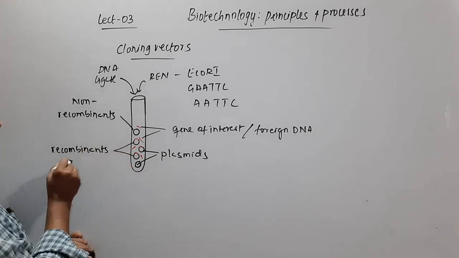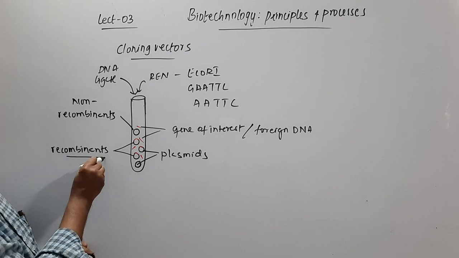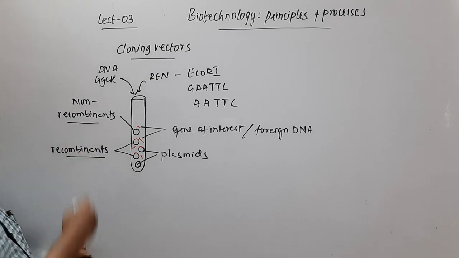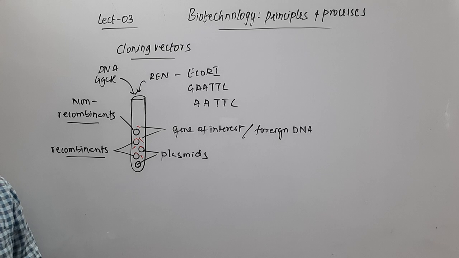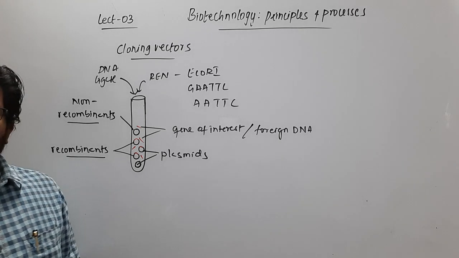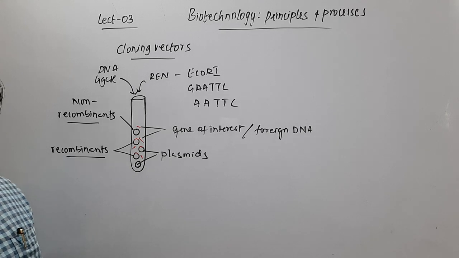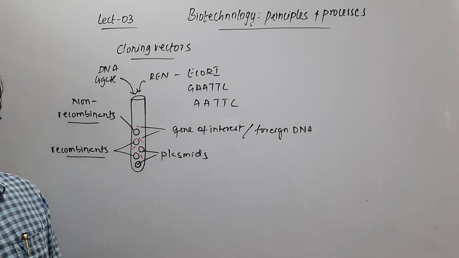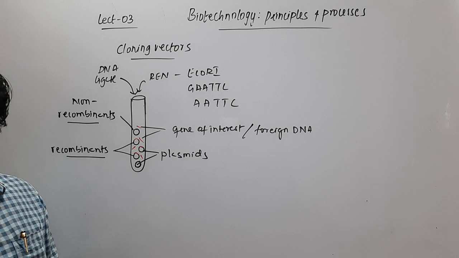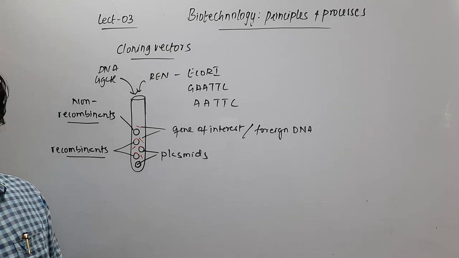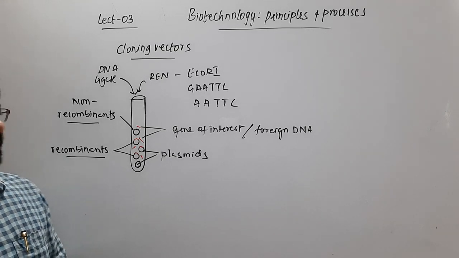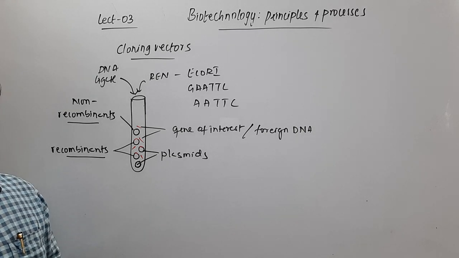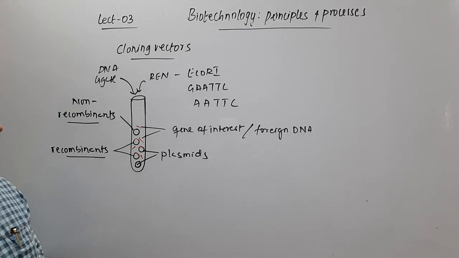So the ones who have taken are recombinants, and the ones who did not take are all called non-recombinants. So nowadays, we are engineering those vectors to see which plasmid has taken the gene of interest and which one did not take it.